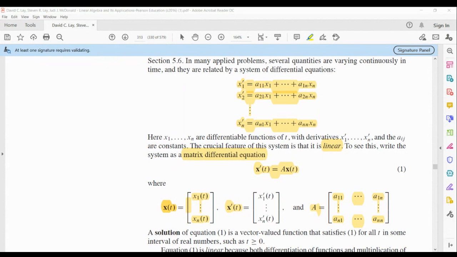Let me do an analogy here. For instance, if you have y prime equals y, that's a little differential equation there, right?